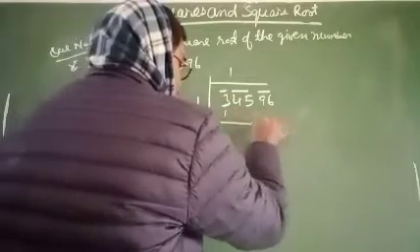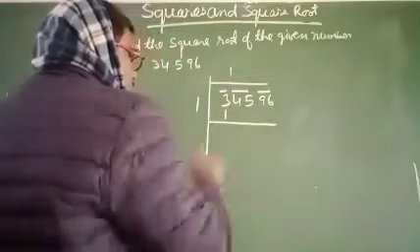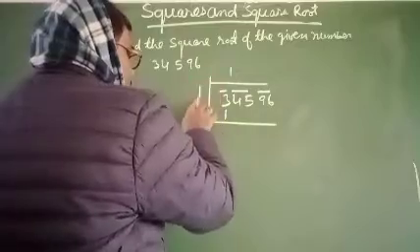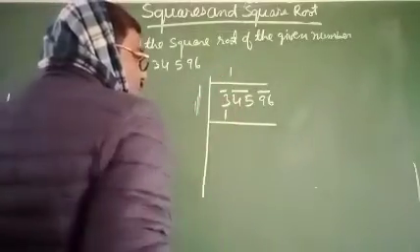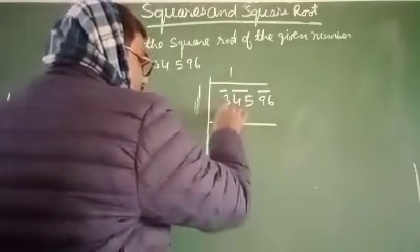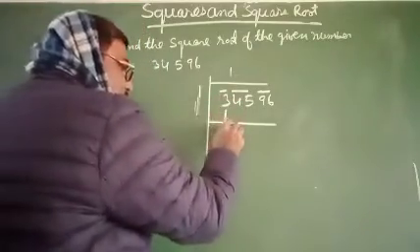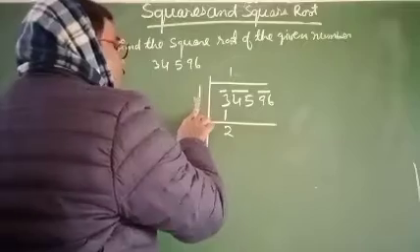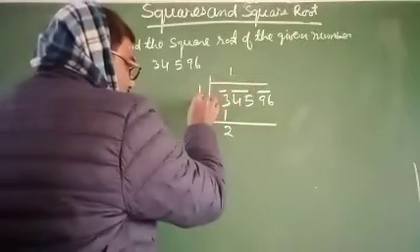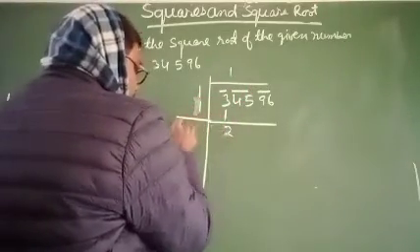So I will write 1 here. 1 multiplied by 1 will be equal to 1. Now I will subtract 1 from 3, we get 2, and now I will add 1 here, 1, and we get 2.